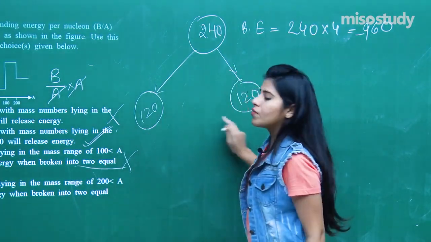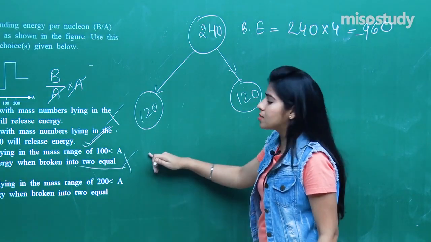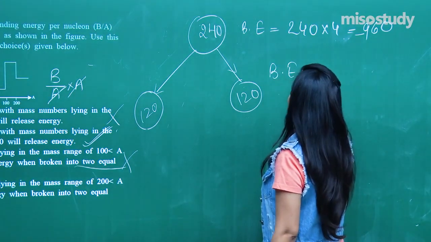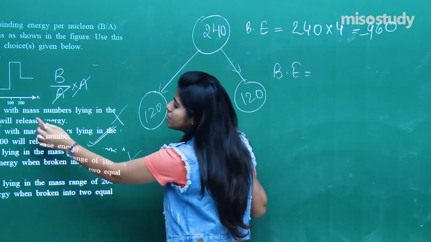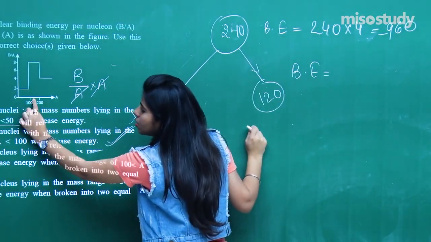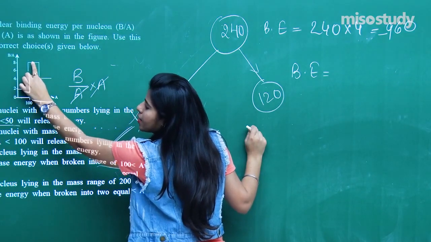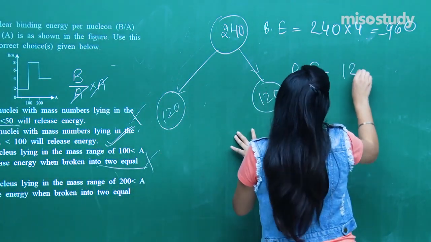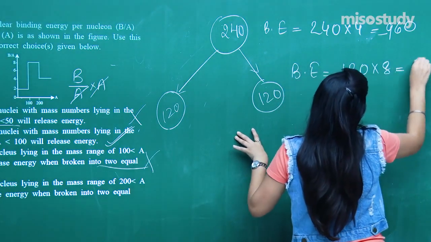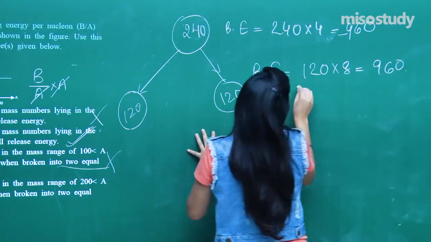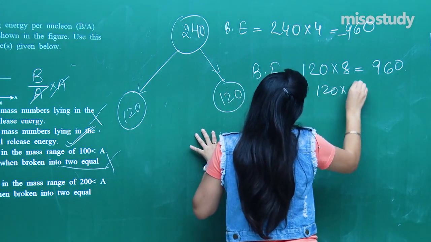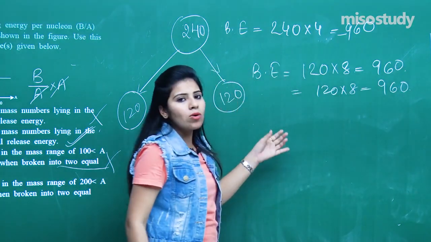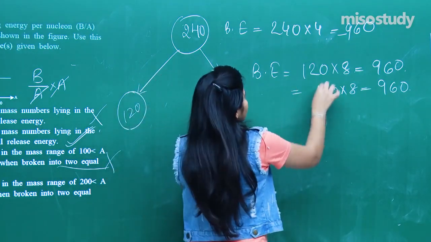Now, because our fragments have mass number 120 and 120, let us see the binding energy. 120 is coming in this range, so binding energy per nucleon is 8, so multiply it by 8.